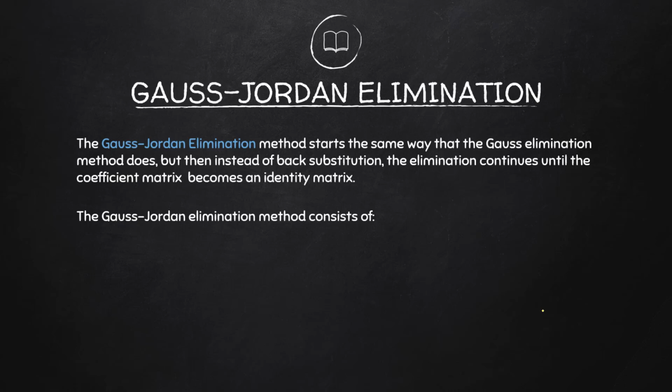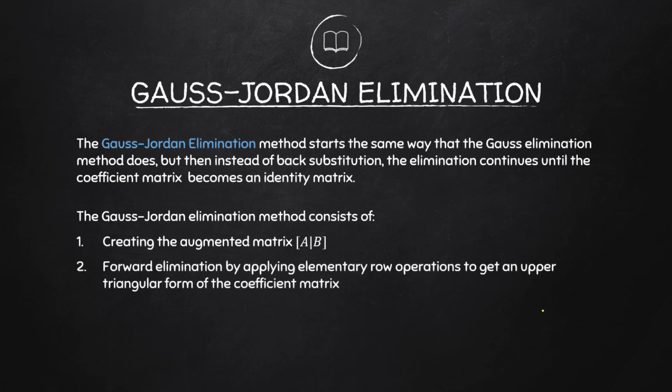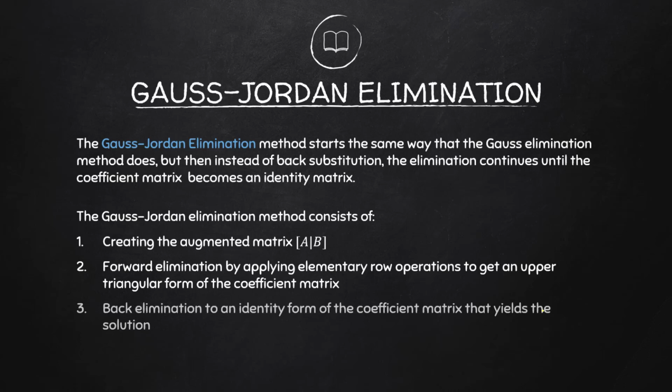The Gauss-Jordan elimination method consists of creating the augmented matrix AB, forward elimination by applying elementary row operations to get an upper triangular form of the coefficient matrix, and back elimination to an identity form of the coefficient matrix that yields the solution. We will demonstrate this later on using our previous example.